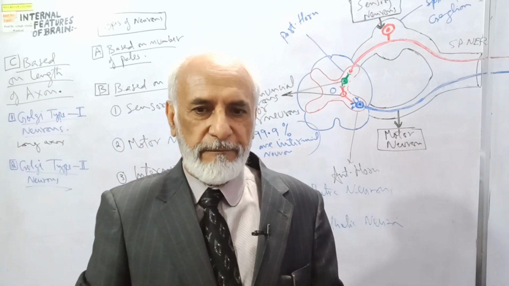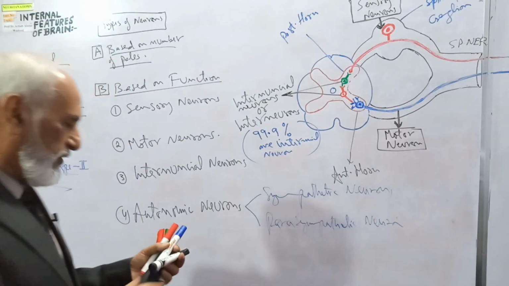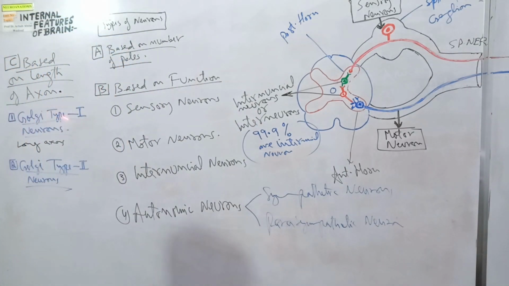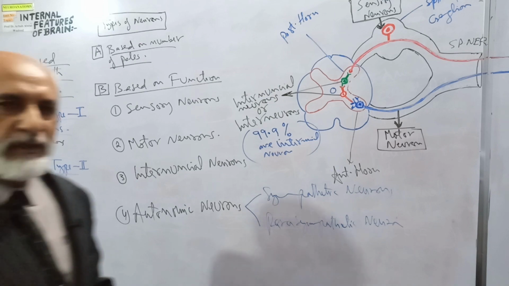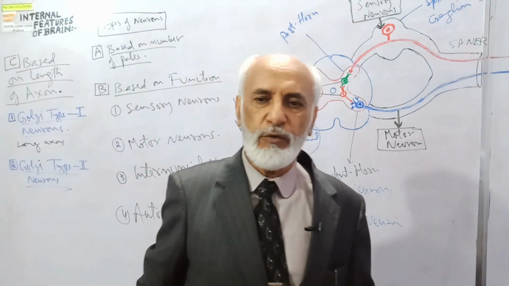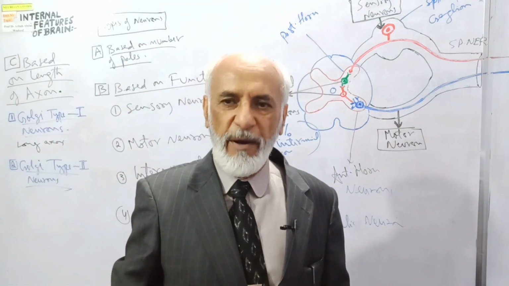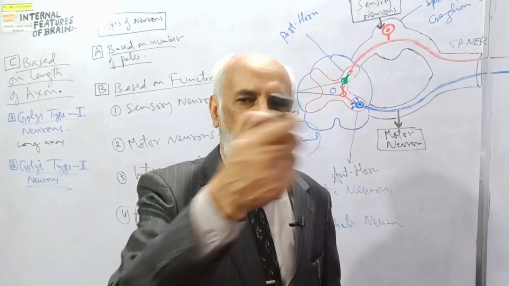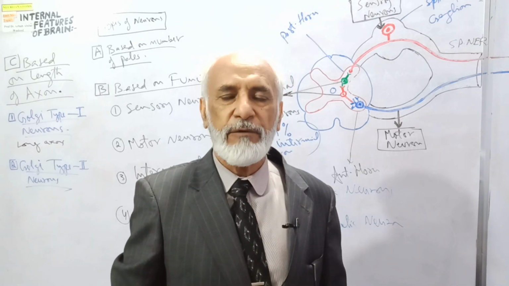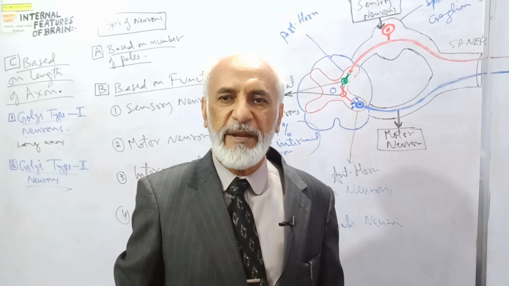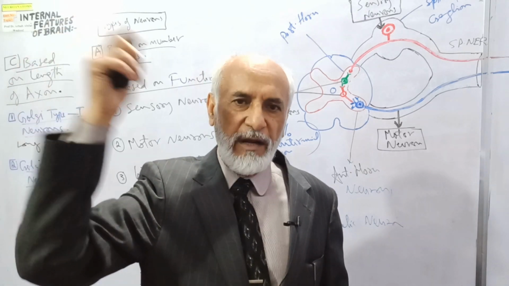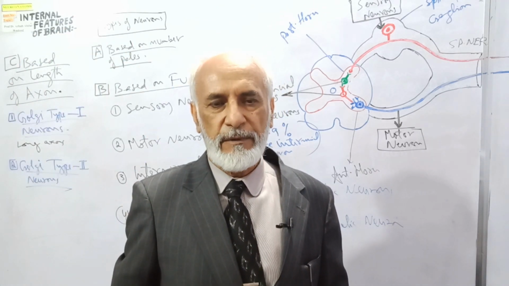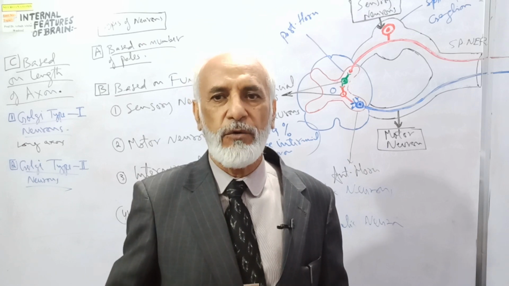So these Golgi type 1 neurons are very long and their axons leave the gray matter, pass through the white matter to different parts of the brain and even leave the brain and spinal cord as peripheral nerves and supply the periphery. Such type of neurons are Golgi type 1 neurons.